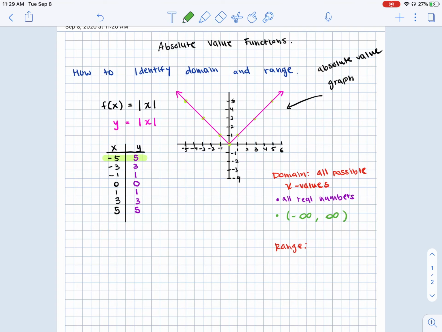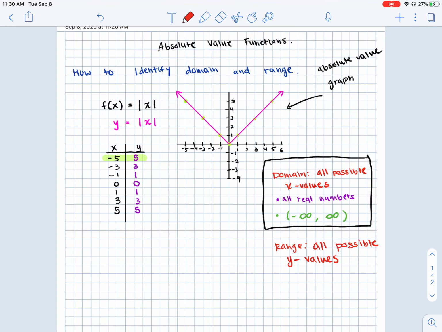This graph at no point ever goes down. So all possible y values for the absolute value function start at 0 and then go higher and higher. So it goes 1, 5, 10, 20, 100, up, up, up, and up. Because this graph is going up, but it never goes down.